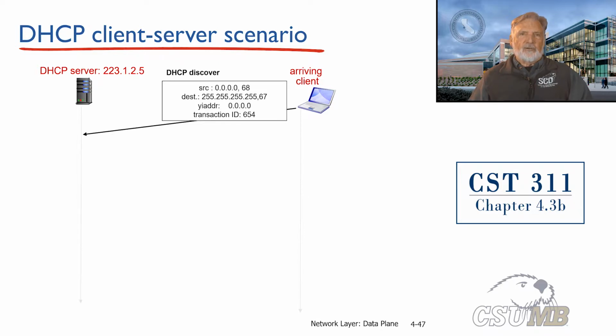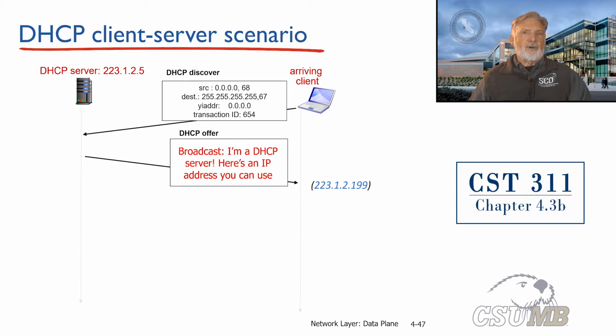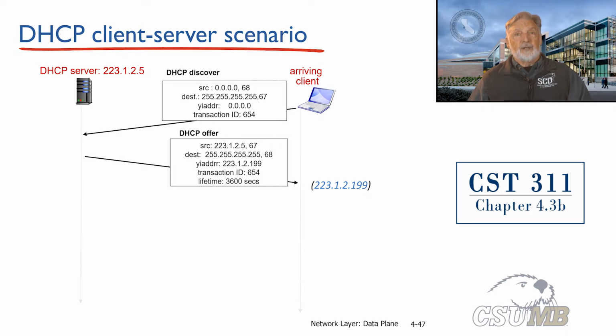The DHCP server or servers, there could be more than one, hears this broadcast and looks for an available IP address to hand out. This available IP address will be in a defined pool of IP addresses, and of course, will not be an IP address that's already in use. Then the server responds with the DHCP offer message containing the transaction ID of the received discover message, the proposed IP address, and other configuration parameters.